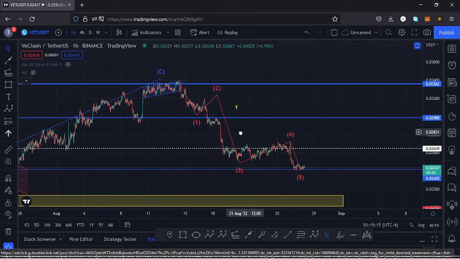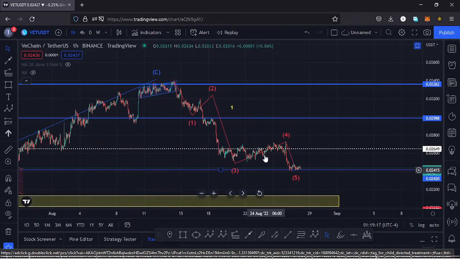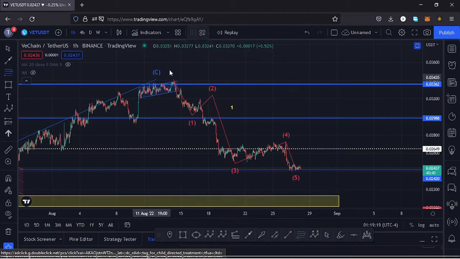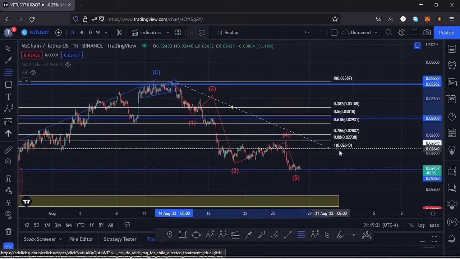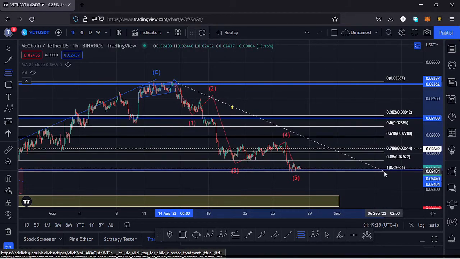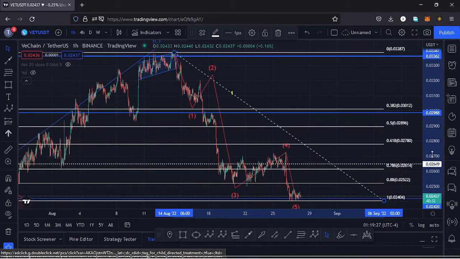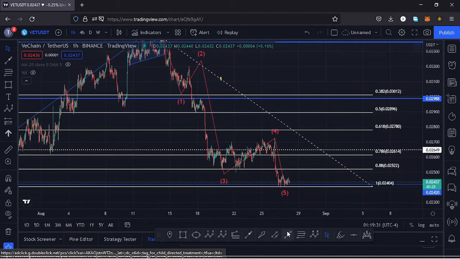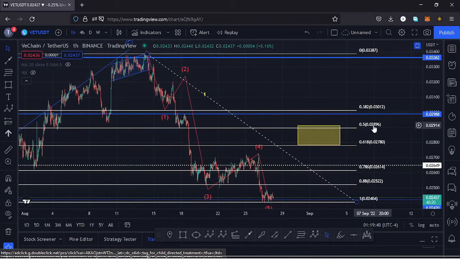So using the Fibonacci's, we can get a minimum target area for that second wave to the upside, connecting the fibs to the low of the wave 1 then to the high of the wave 1. That gives me a minimum target area for that second wave to the upside between the fib level 0.5 and the fib level 0.618, and that is between the $0.028 mark and the $0.027 mark.